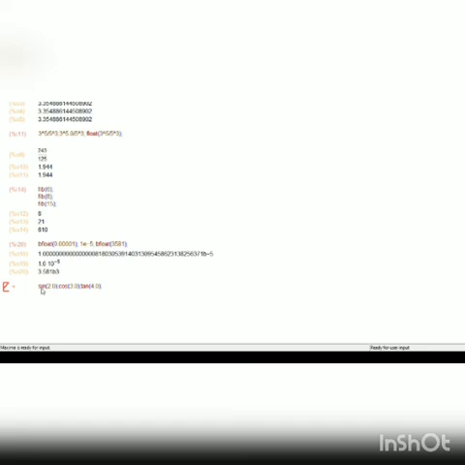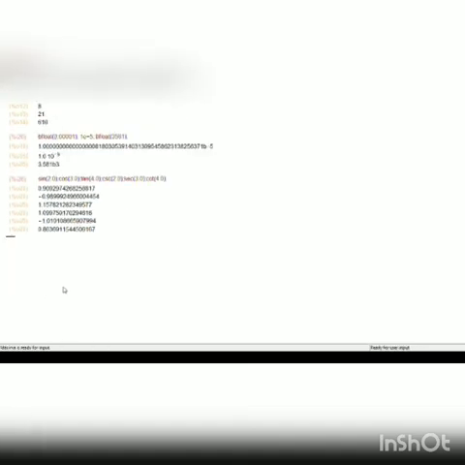Cosecant of 2, how are you going to give it? CSC of 2. And secant of 3. And cot of 4. This gives you the values of these trigonometric functions.